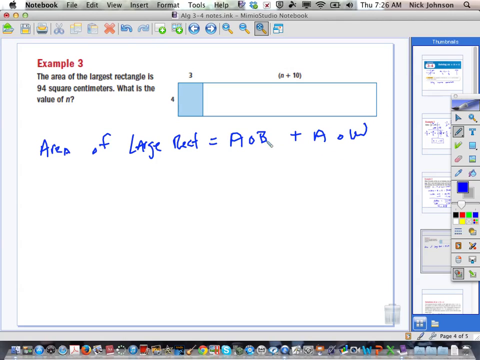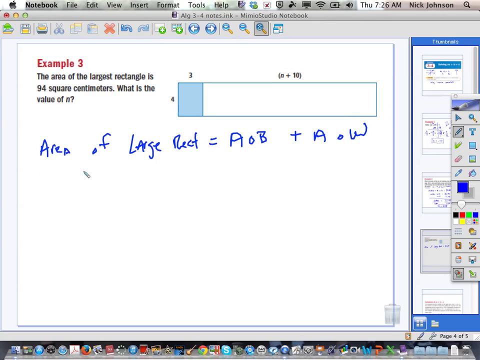Everybody see how I wrote that? So to get the large rectangle, we have to find the area of the blue plus the area of the white. Okay? So area of large, we know equals what? Well, it says the area of the large rectangle is 94 square centimeters.